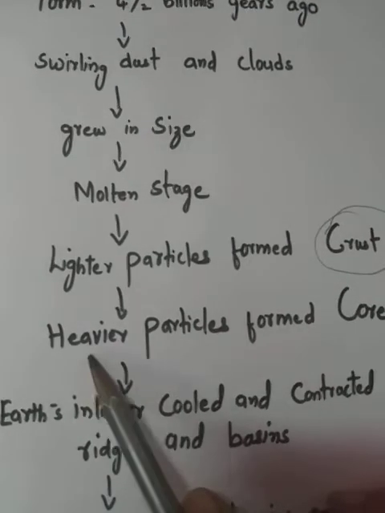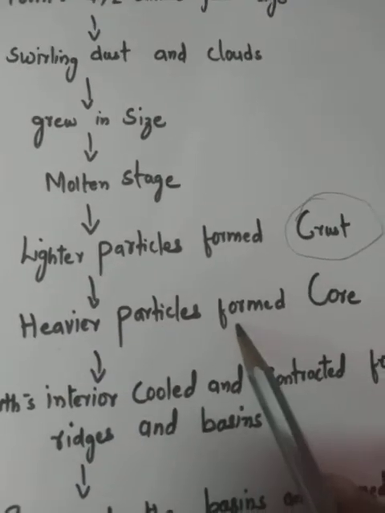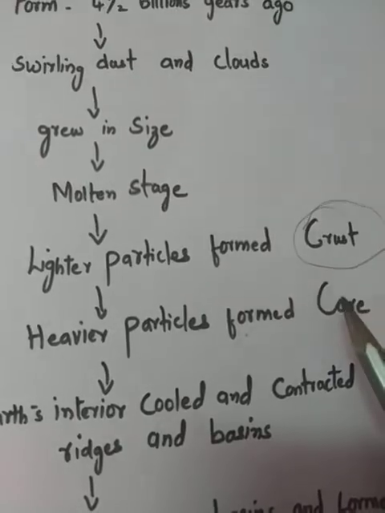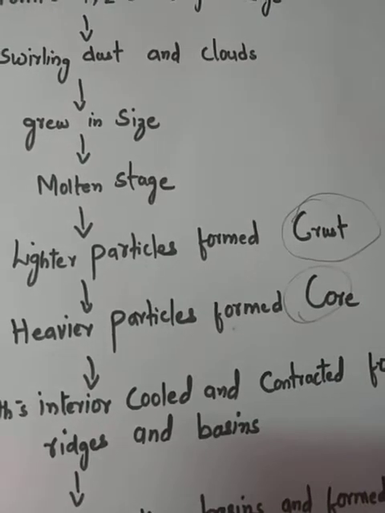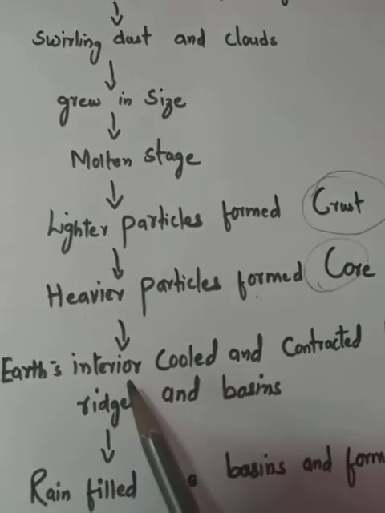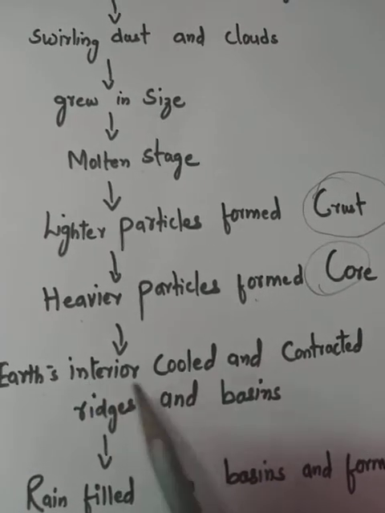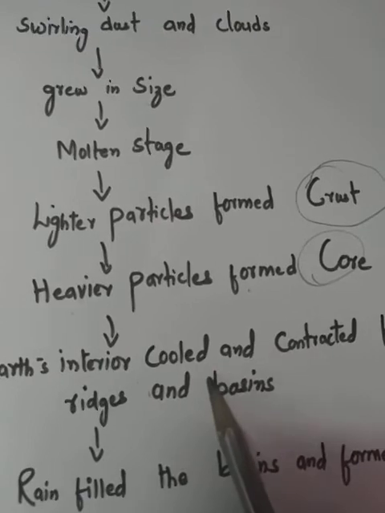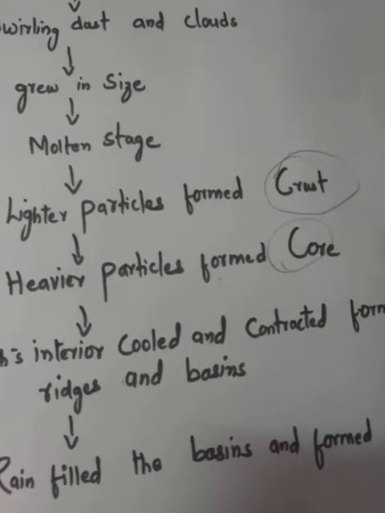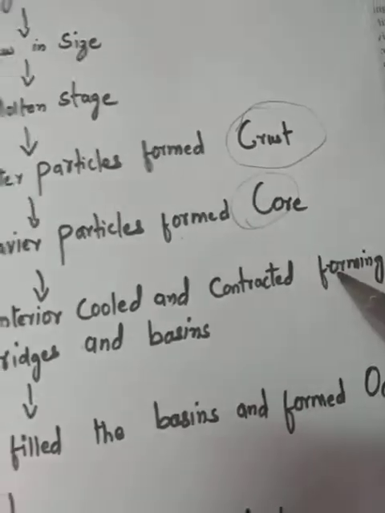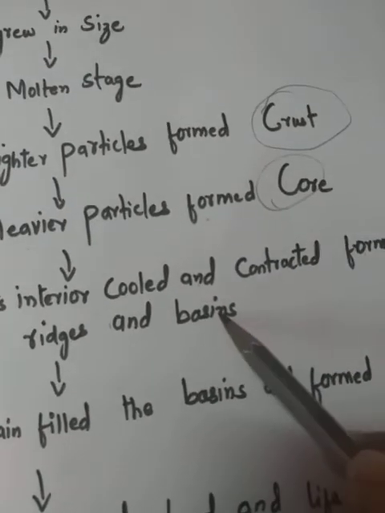After that, the heavier particles formed the core. This is Earth's interior. As the Earth's interior cooled and contracted, the outer crust wrinkled, forming ridges and basins.